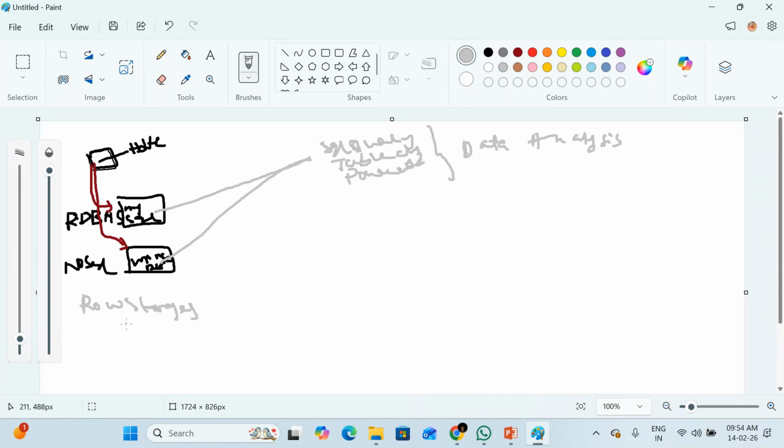Row storage means data is stored row-wise in the databases. These are good at fast writes, modification, even deleting. And while you are reading the data, you will get performance issues. Got my point? This is one of the most important things. That means databases are okay for direct connection to production, but not relevant for doing data analysis.